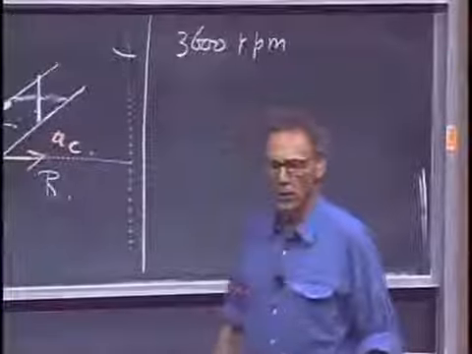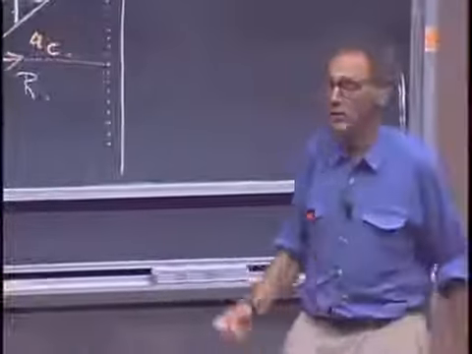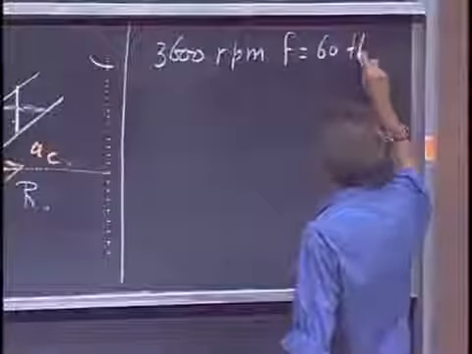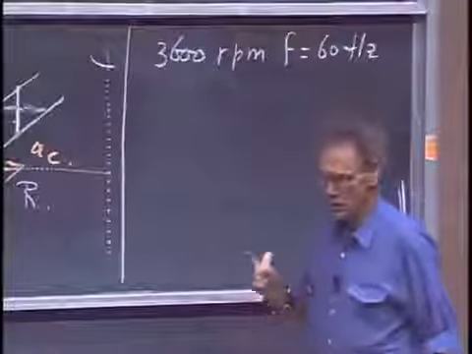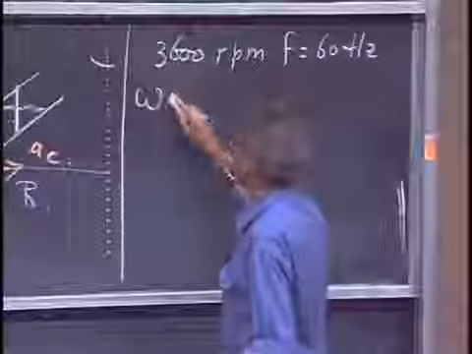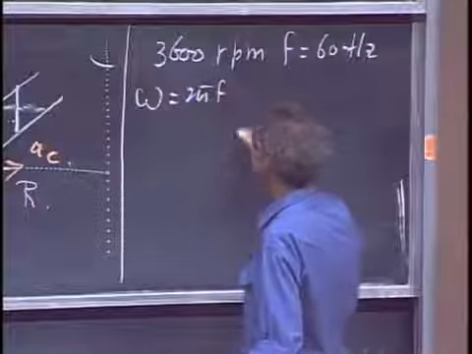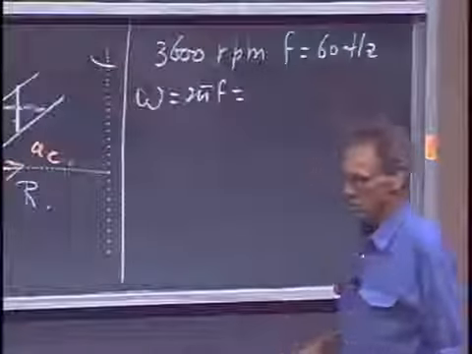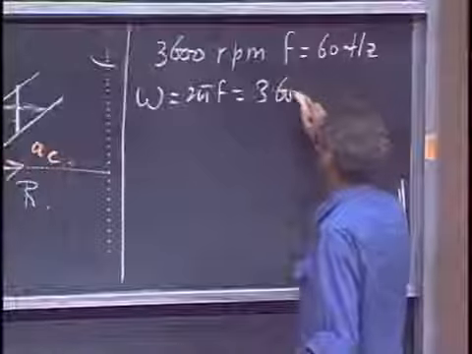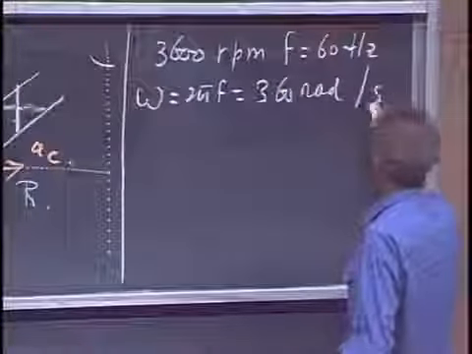So 3,600 RPM translates into a frequency of 60 Hertz. So it goes around once in 1/60th of a second. Omega is 2 pi times f, is therefore roughly 360 radians per second. 360 radians per second.